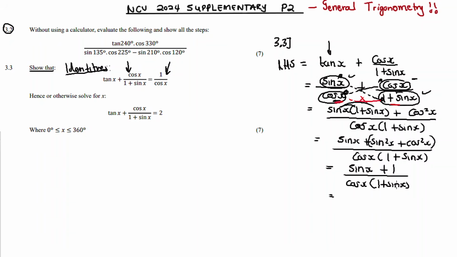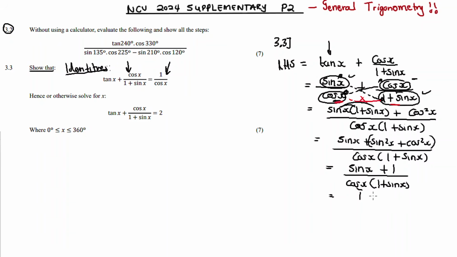Now this is the reason why I did not want to multiply the cosine with that bracket. It's because of what remains above. This actually looks exactly the same as this. It's one and the same thing.